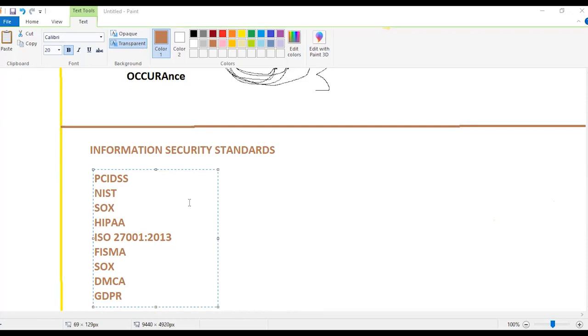FISMA, Federal Information Security Management Act; all the federal laws come under this section. Sarbanes-Oxley, SOX. DMCA, Digital Millennium Copyright Act. GDPR, last one, General Data Protection Regulation.